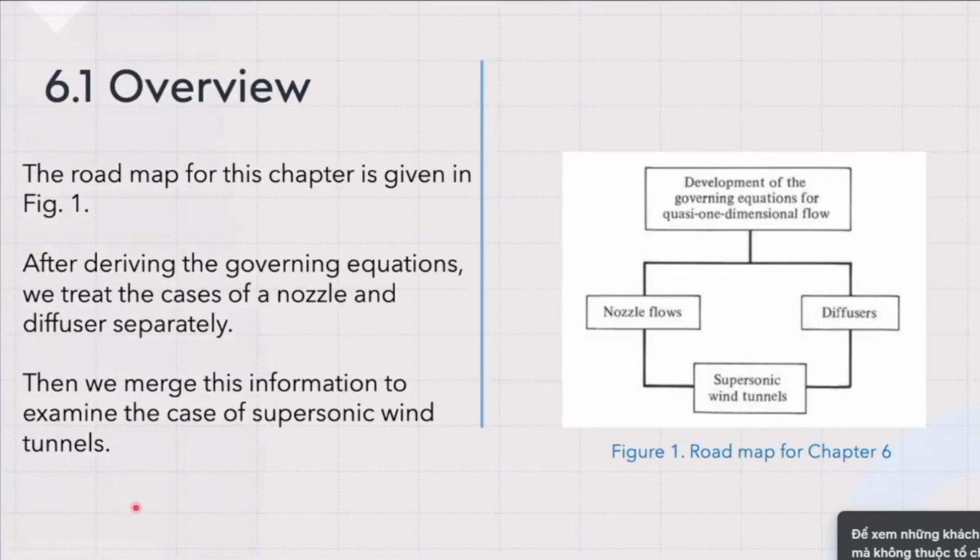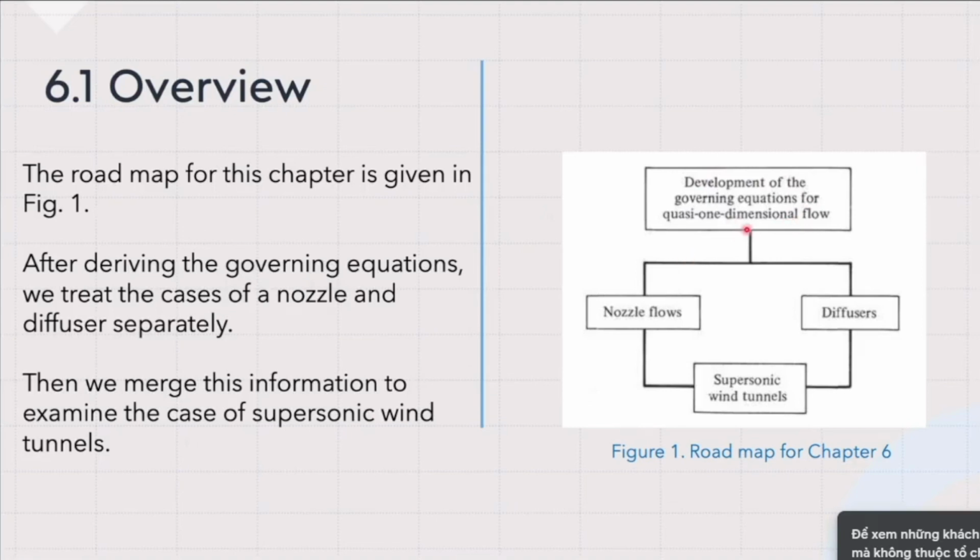With regard to the overview of topic number 6, as usual, we will use the roadmap for chapter 6. After we derive the governing equations, we will look at the development of the governing equations for quasi-one-dimensional flow.